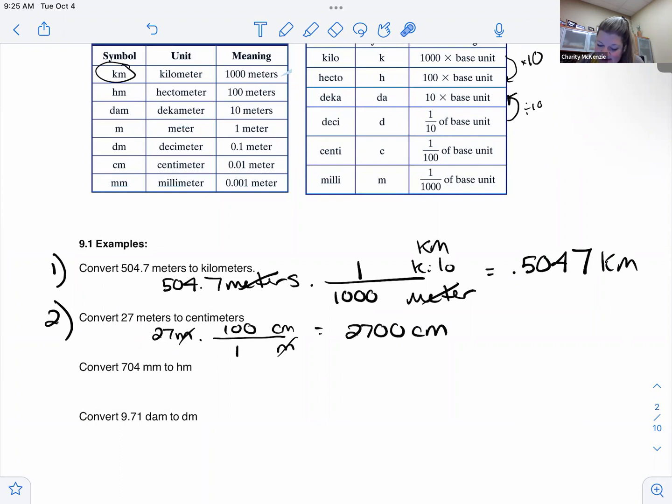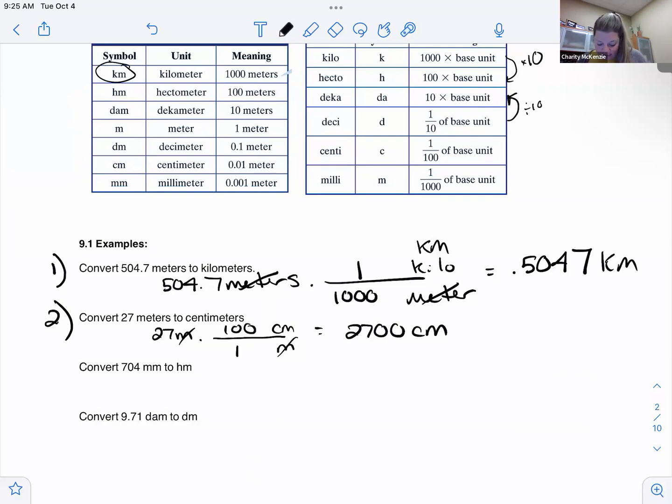Okay, convert 704 millimeters to hectometers. This time it's not starting with just a straight meter. We're going to be at mm and we're going to go up to hm. So we're going up 1, 2, 3, 4, 5. So 5 moves upward is dividing by 10 5 times, or moving that decimal 5 places.